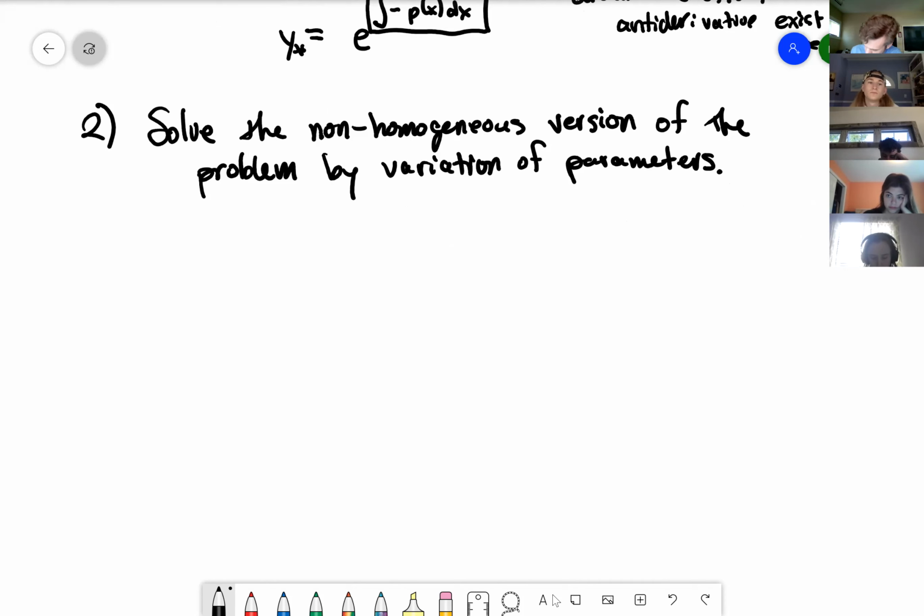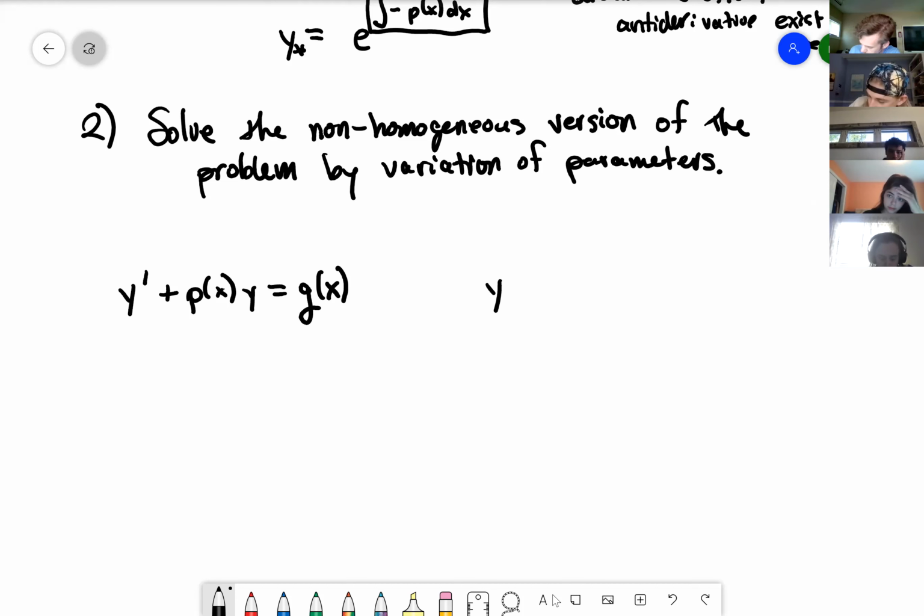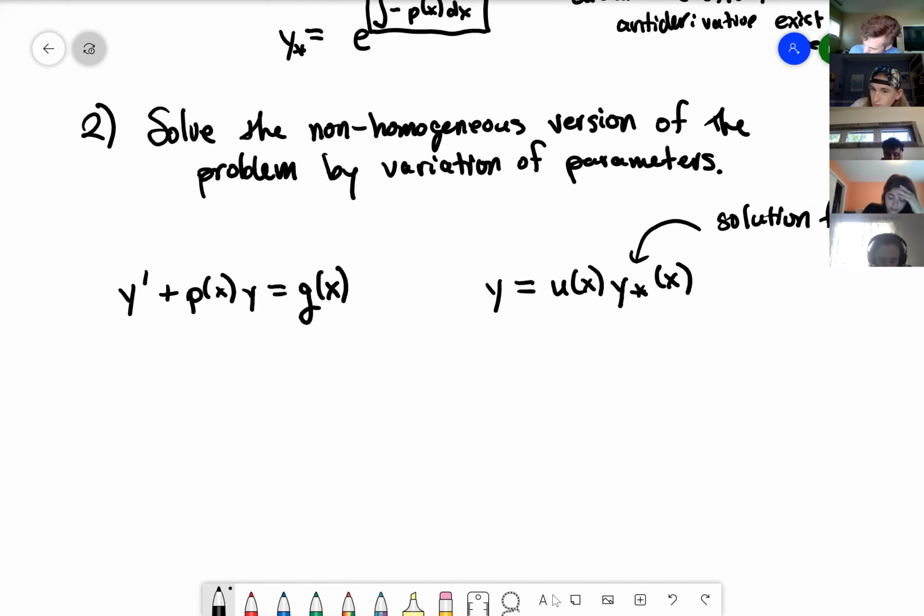We go back to the original equation. We see that y prime plus p of x times y equals q of x, where q of x now is whatever it originally was. We're going to write y as being u of x times y star of x. Y star is our solution from the homogeneous version.